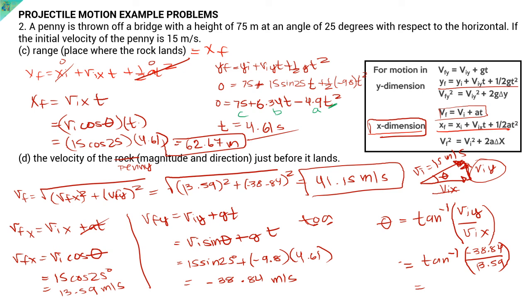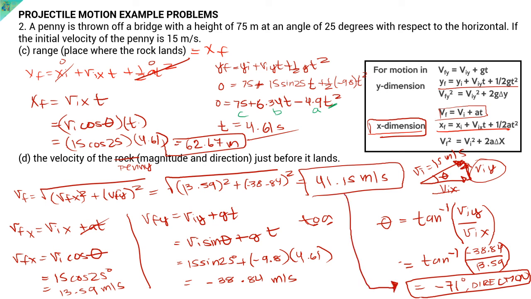So that's negative 38.84 over 13.59. So the angle is actually negative 70.7. That's negative 71 degrees. Okay, so this is now the direction of our velocity, which is 41.15 meters per second.